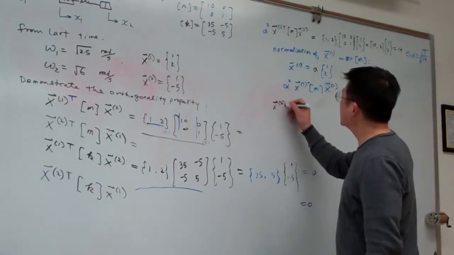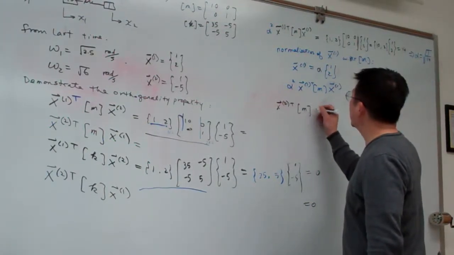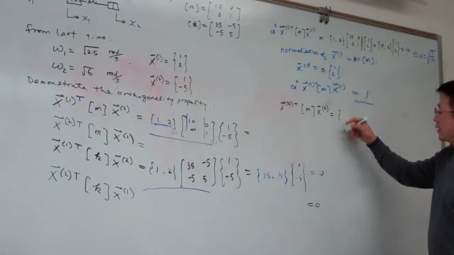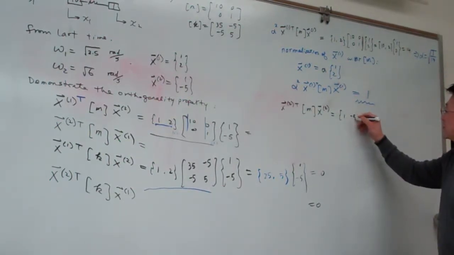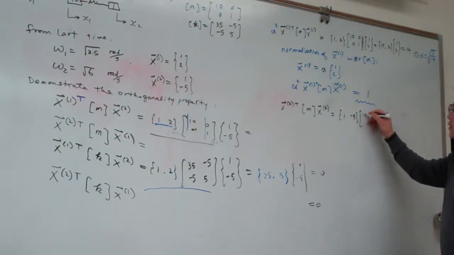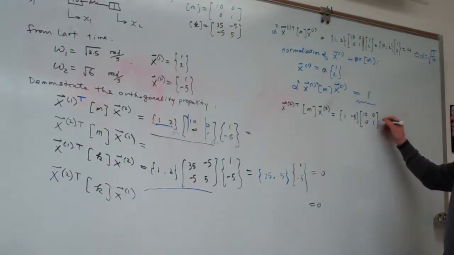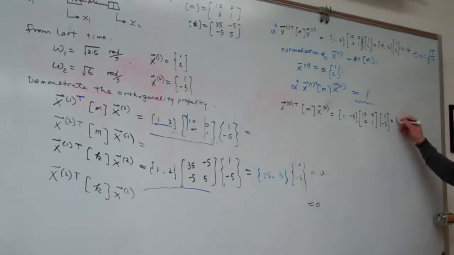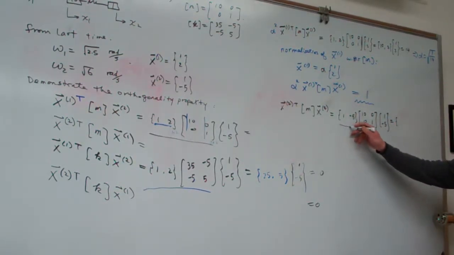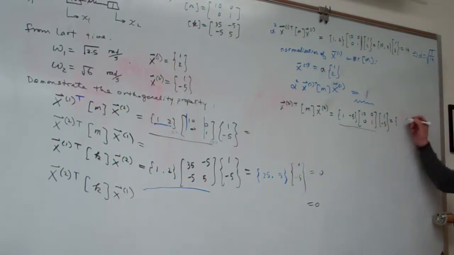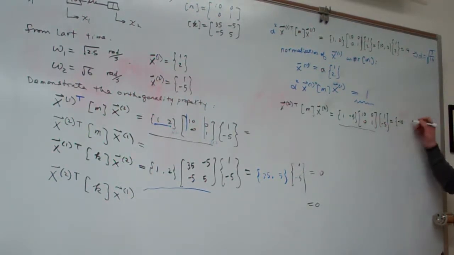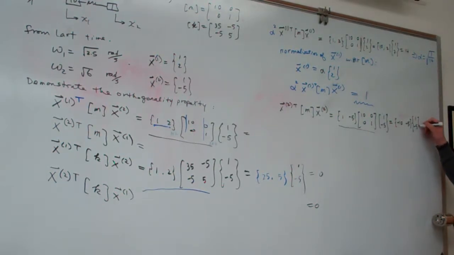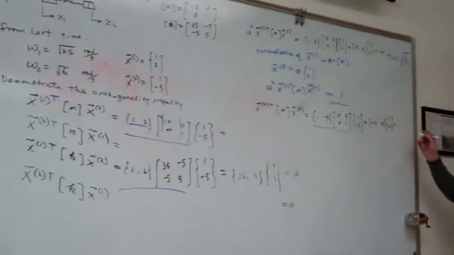So x2 transpose m x2 will be equal to 1, minus 5, and 10, 0, 0, 1, 1, minus 5. The first one, let me work on this one. That is minus 10 and minus 5, 1, 1, minus 5. So that would be 35.